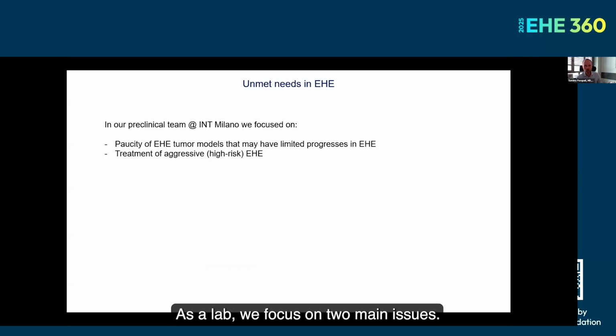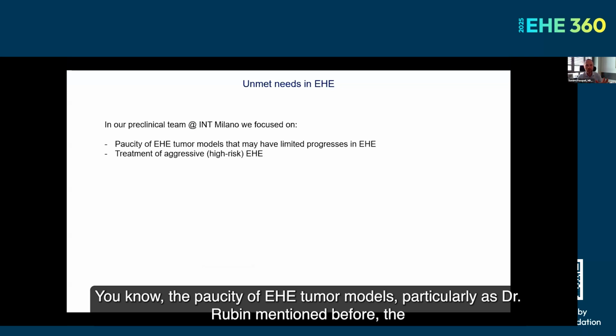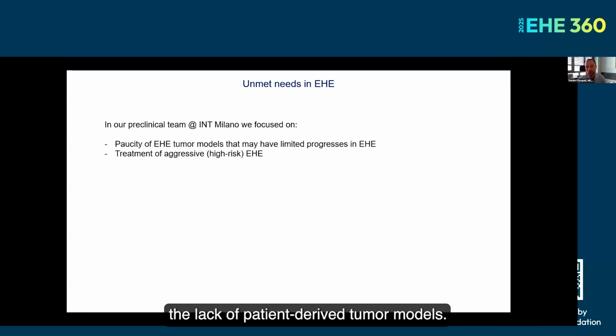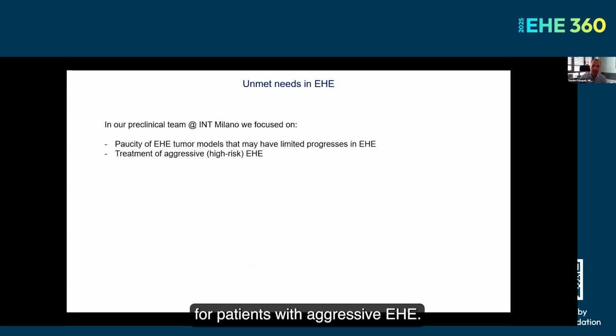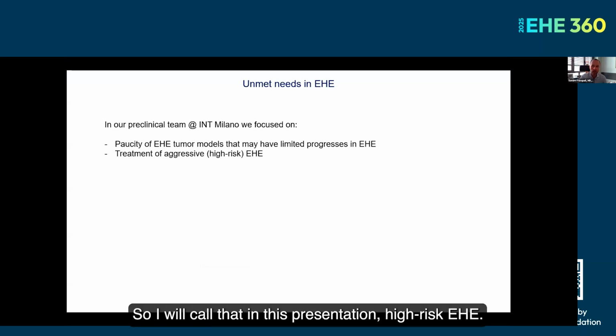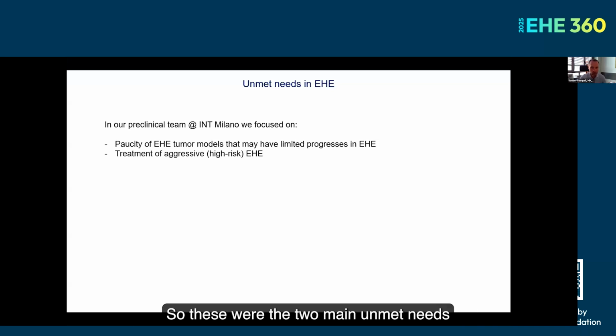As a lab, we focus on two main issues: the paucity of EHE tumor models, particularly, as Dr. Rubin mentioned before, the lack of patient-derived tumor models, and finding new treatment options for patients with aggressive EHE, which I will call high-risk EHE in this presentation. These were the two main unmet needs that we wanted to work on in the lab.